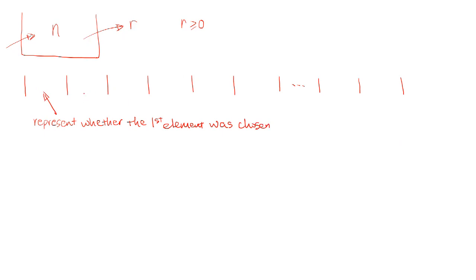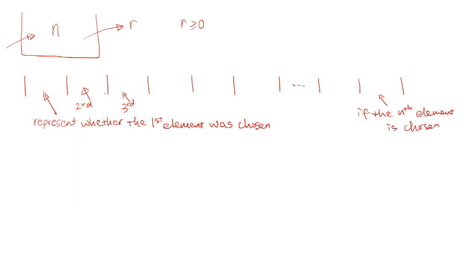And use the second space to represent whether the second element is chosen. Etc. For the third space, we use it to represent if the third element is chosen. The last space means if the nth element is chosen.